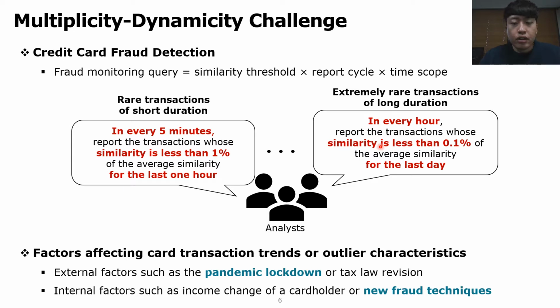Another analyst may want to find extremely rare transactions of long duration, such as in every hour, similarity should be less than 0.1%, considering the last day. As you can see in this example, there can be many analysts with different types of fraud monitoring queries.